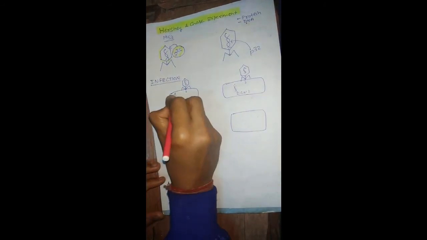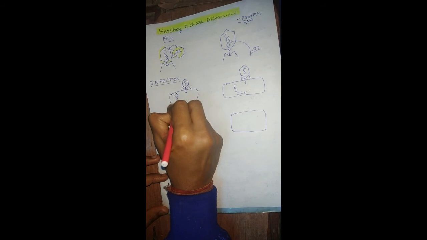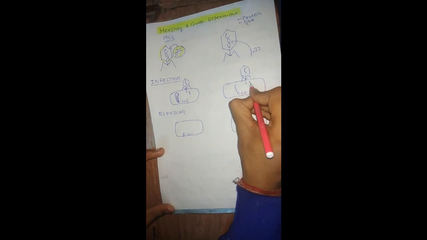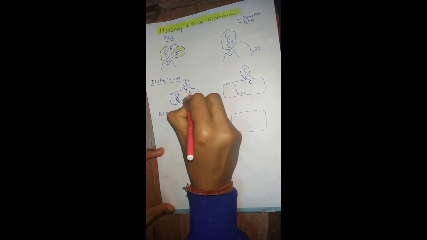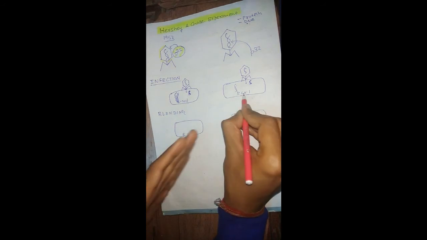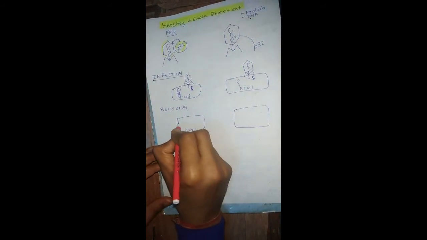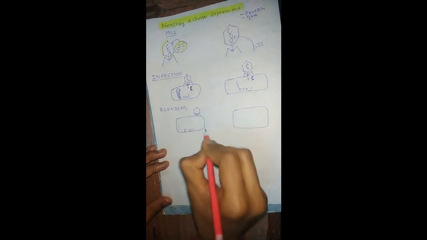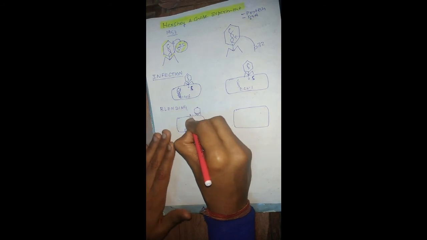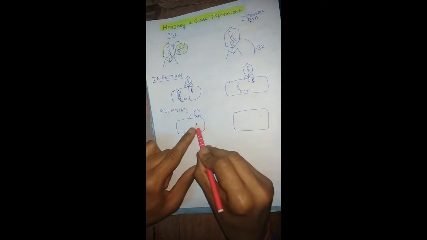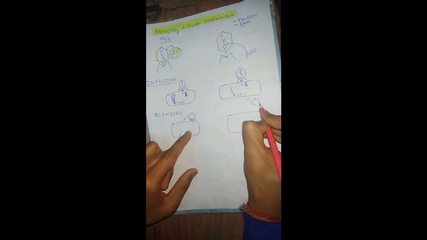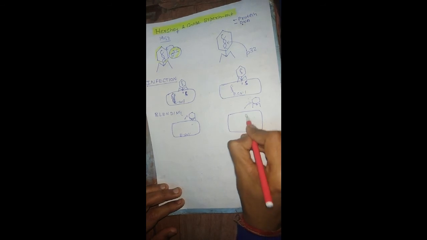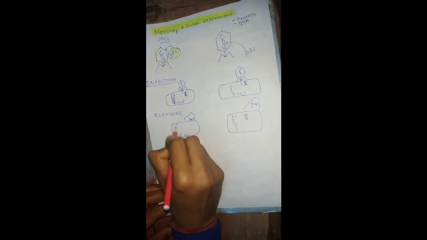Suppose this is the bacteria's own genetic material, and here comes the genetic material of the bacteriophage. This is the genetic material of the bacteriophage, and this is the genetic material of E. coli itself. So now in the second phase, blending, these bacteriophages will be just removed from the bacteria, not separated from the sample, but just removed from the bacteria. So they get removed from the upper bacteria. This is their genetic material, and now here is the bacteria's own genetic material.